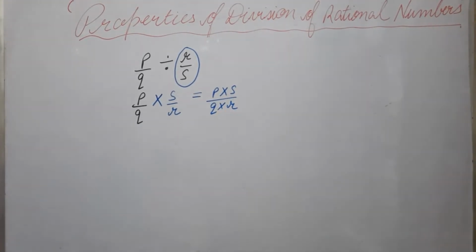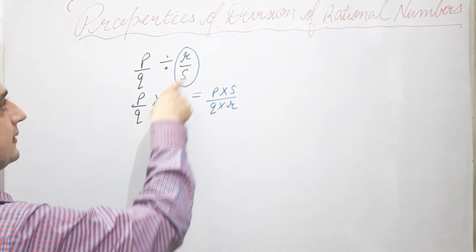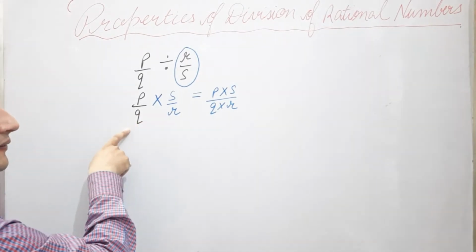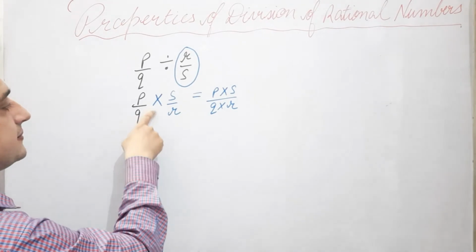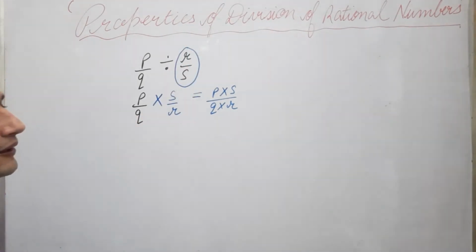So this is the multiplication of two rational numbers. You can't apply the arithmetic operation directly. You just take the number which is supposed to be divided and multiply it with the reciprocal of the divisor.